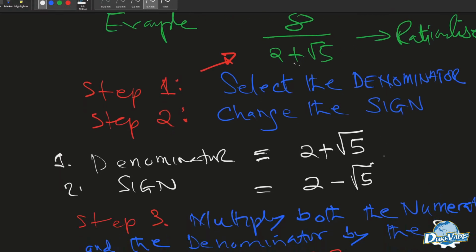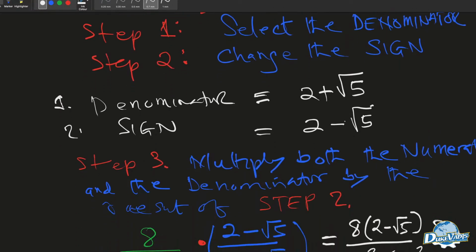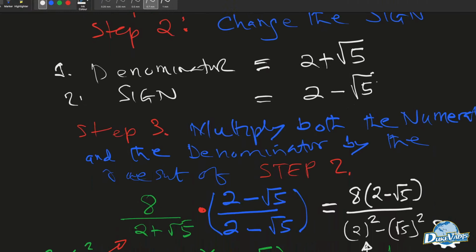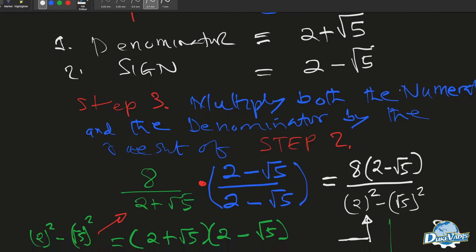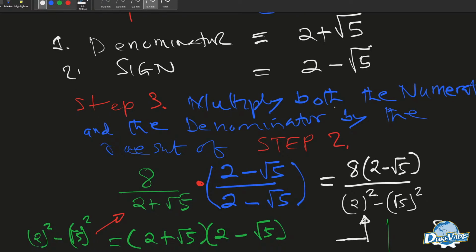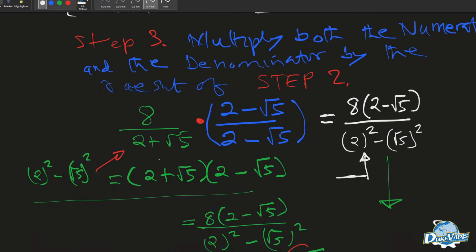Then you change the sign, so this one becomes 2 minus √5. Step 3 is to multiply both the numerator and the denominator by the result of step 2. So 8 over 2 plus √5 is multiplied by 2 minus √5 over 2 minus √5, and when we did that, we expanded it.